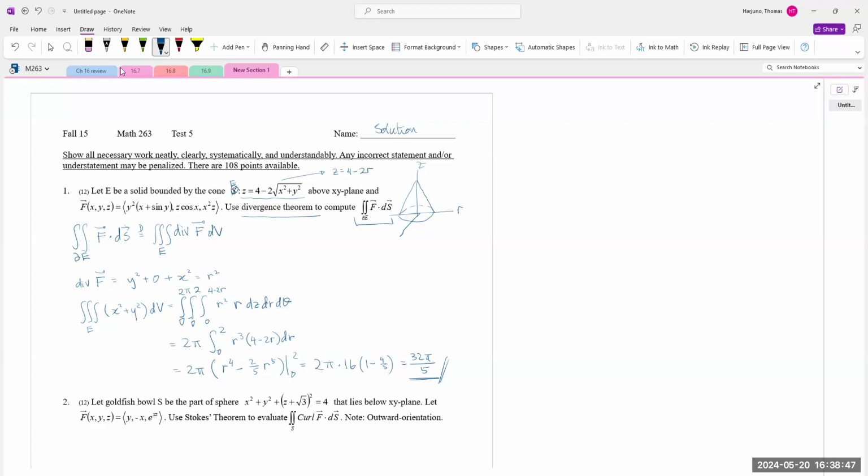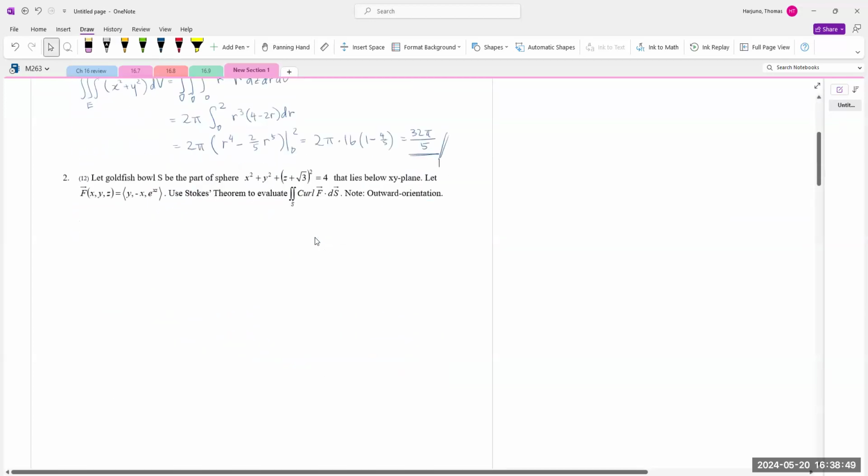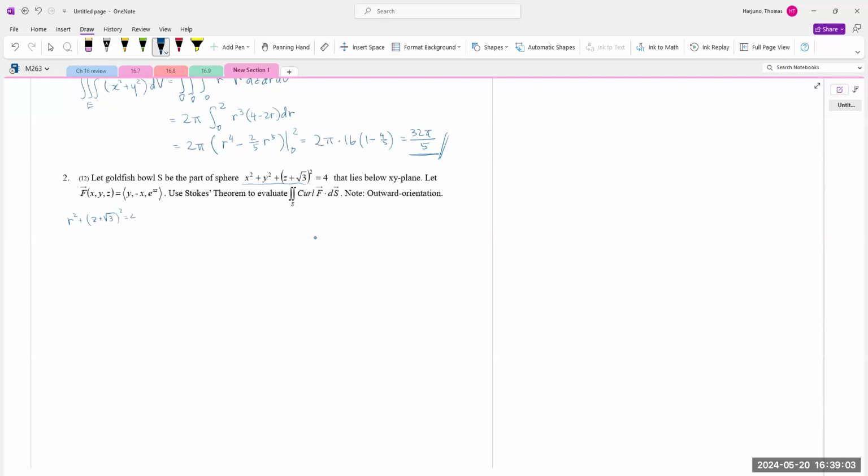Question number 2. Let a goldfish bowl S be part of the sphere. This sphere here is x squared plus y squared plus (z plus square root of 3) squared equals 4.